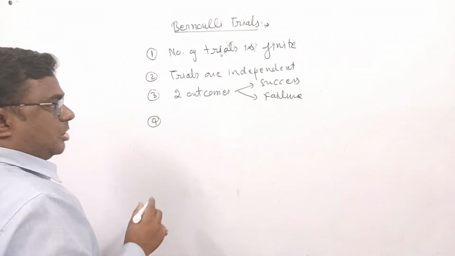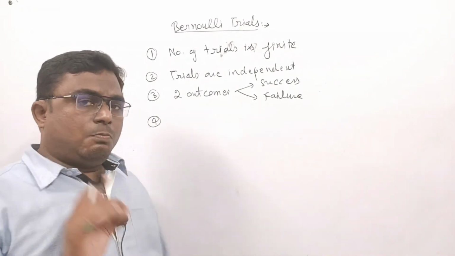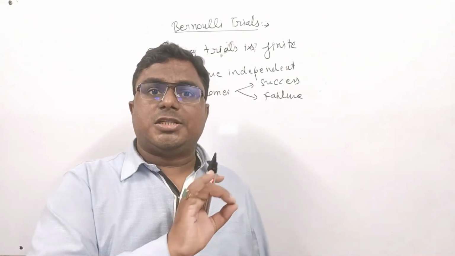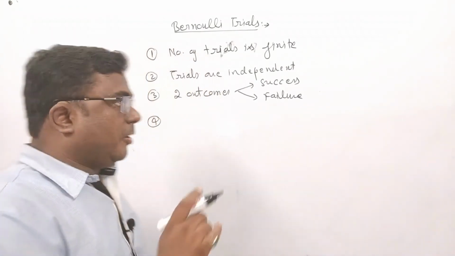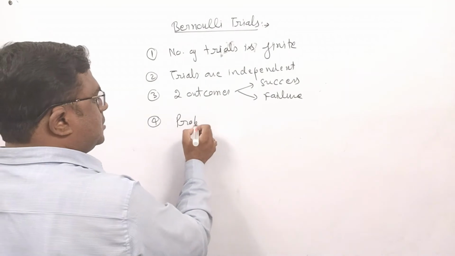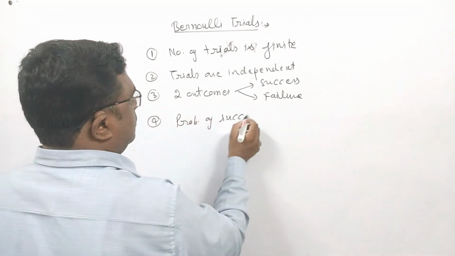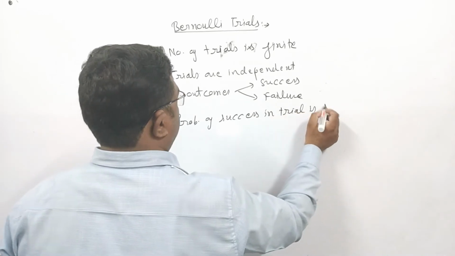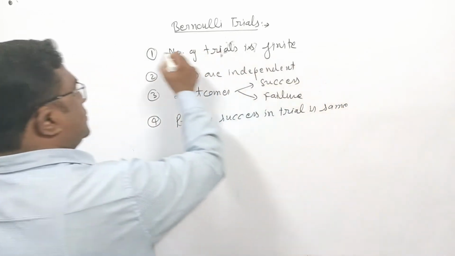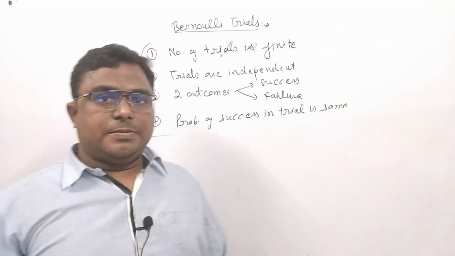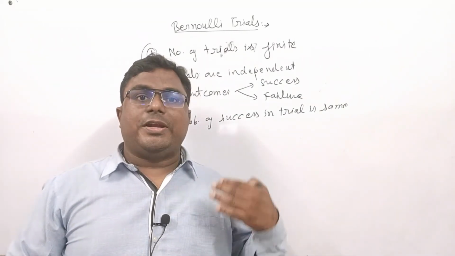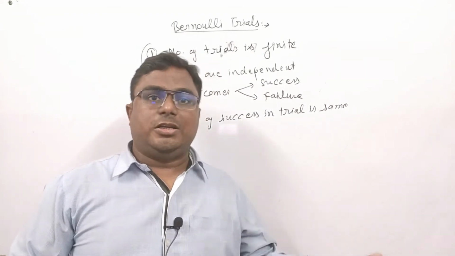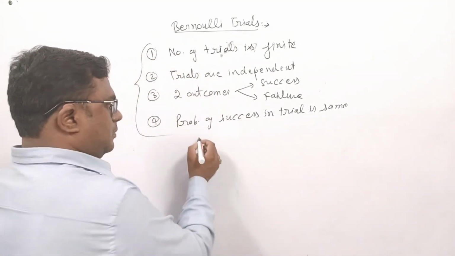And 4th, which is the last condition, the probability of success in each trial is the same. So if these 4 conditions are satisfied by the trials of an experiment, then those trials will be called Bernoulli trials.